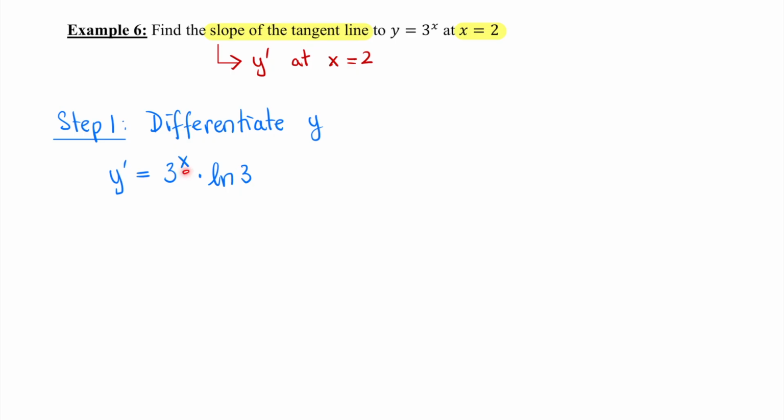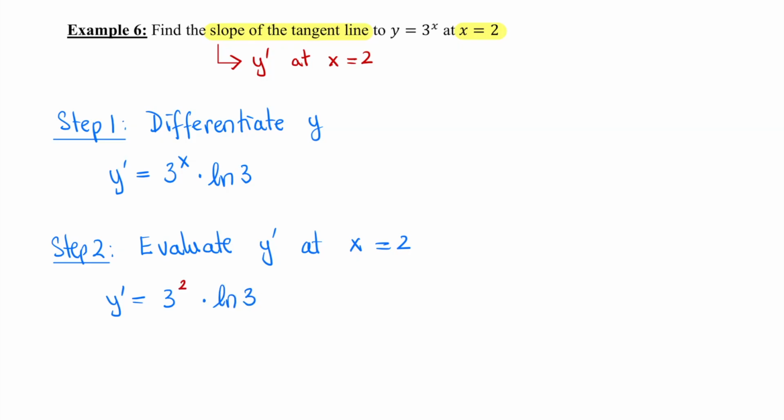Now plug in x equals 2. y prime at x equals 2 is 3 squared times natural log of 3, which is 9 times natural log of 3. This is the slope of the tangent line at x equals 2.